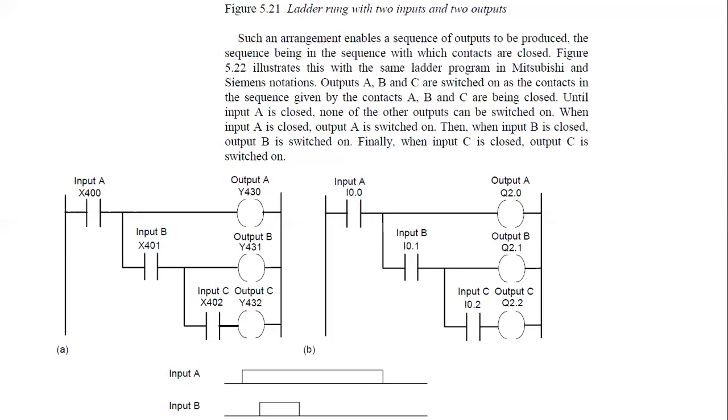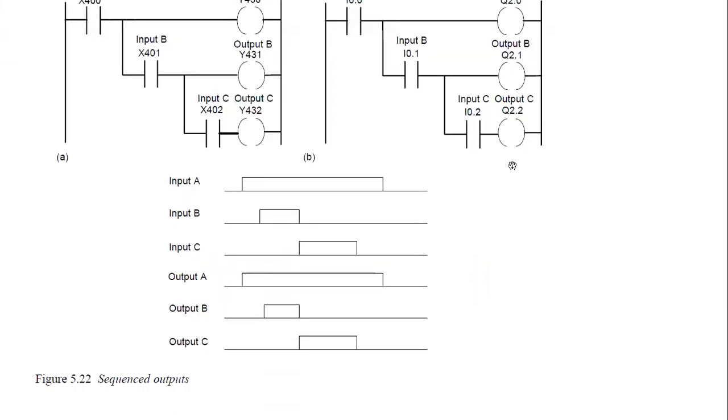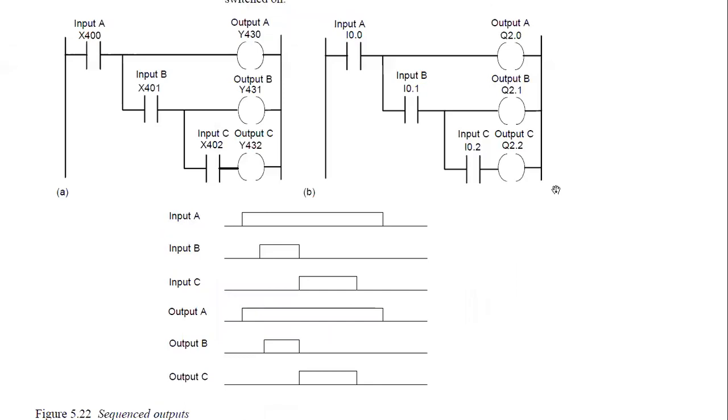Both of those diagrams below there, they look like rectangles. Oh, these ones. Yes, these are part of the ladder diagrams. You can see the first one represents input A, input B, input C, and the output below there.